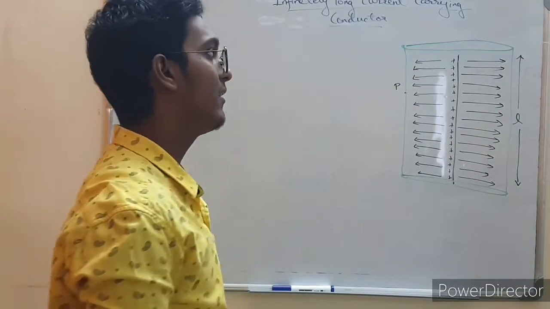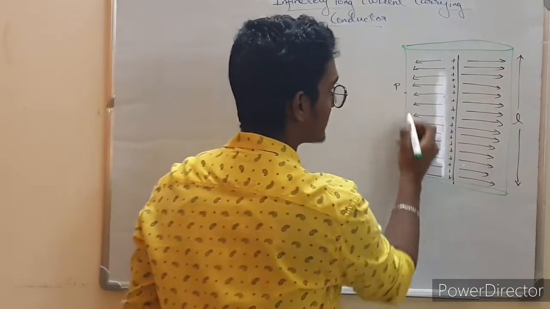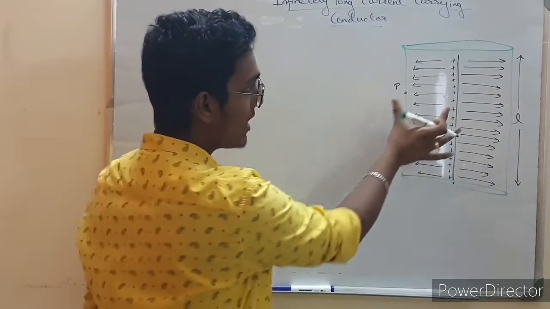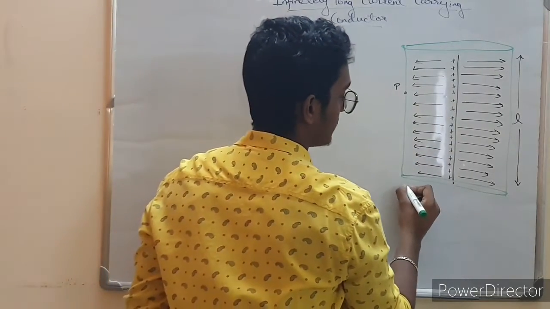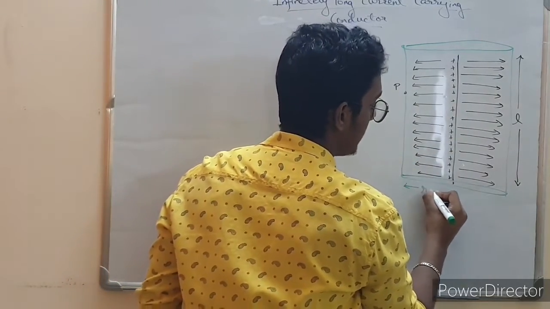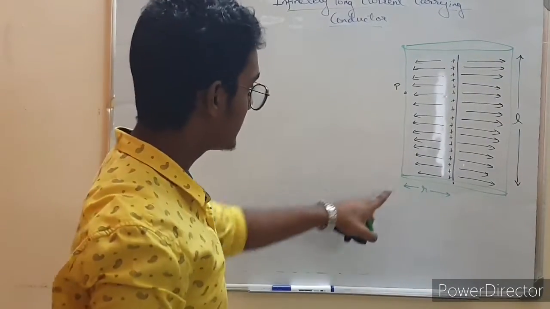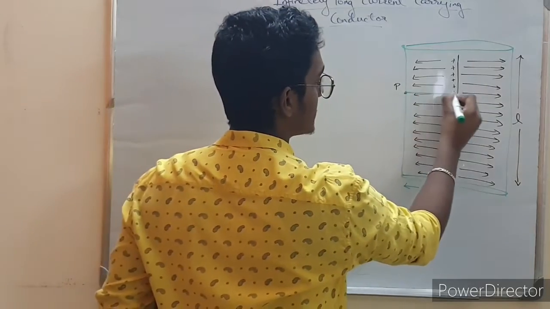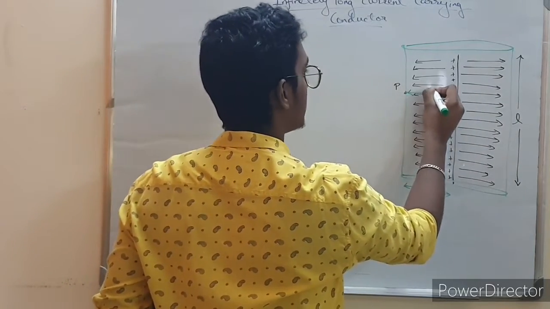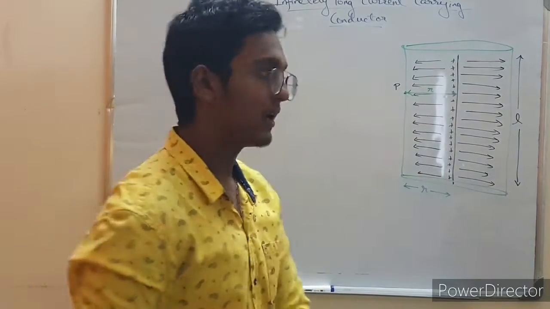So this is the cylinder I have decided to draw, and let's consider this point is at a distance r away from the center. So let's take this to be r. This distance r is the same as this distance, which is r. So the radius of the cylinder is also r.